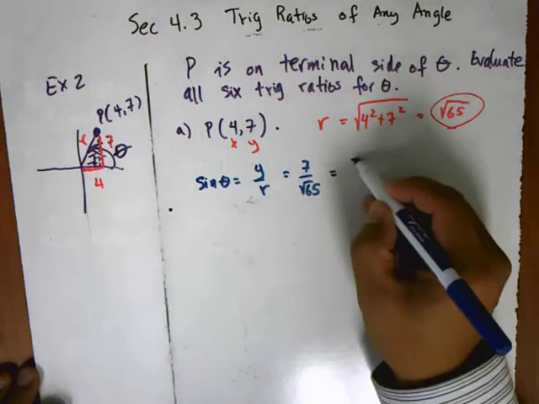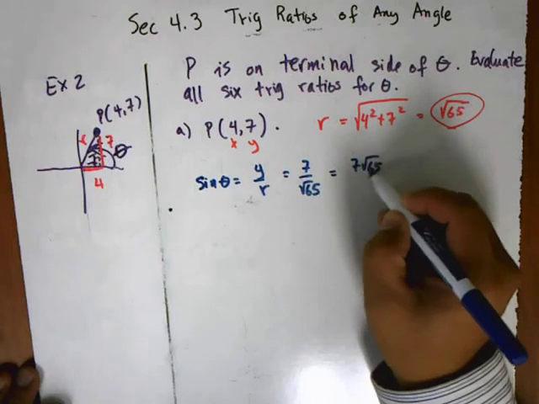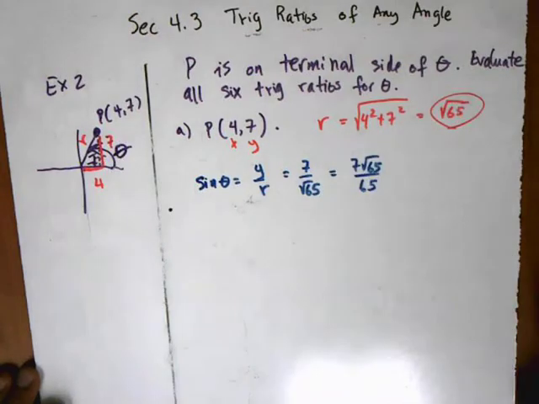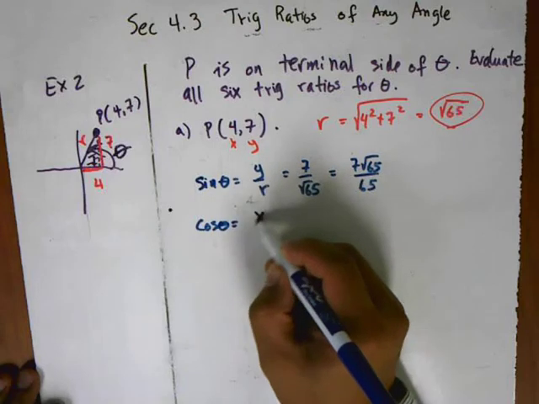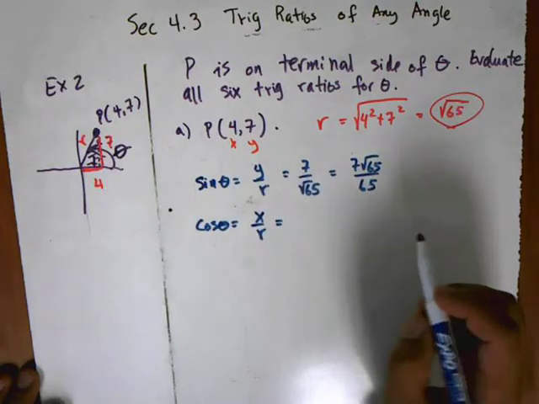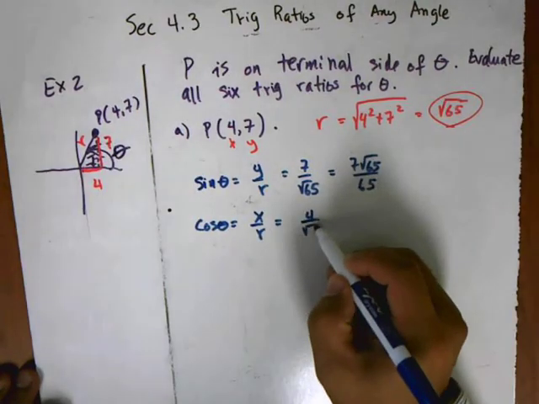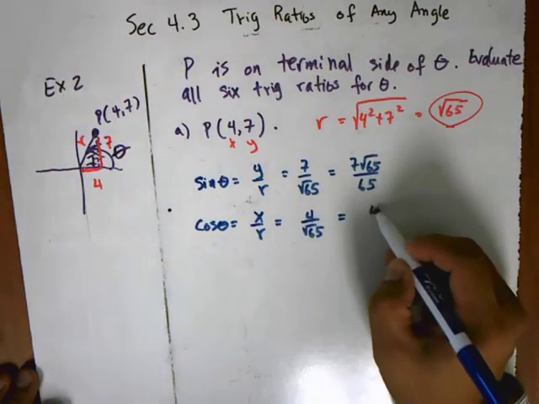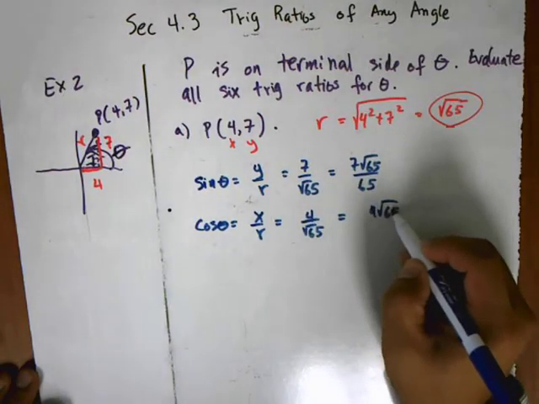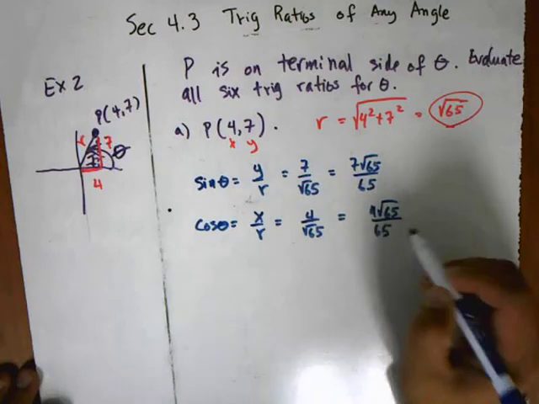If we rationalize that, we get 7 square root of 65 over 65. Let's keep going. Cosine of theta is, by definition, x over r, which is 4 over square root of 65. And when we rationalize the denominator, we get 4 square root of 65 over 65.